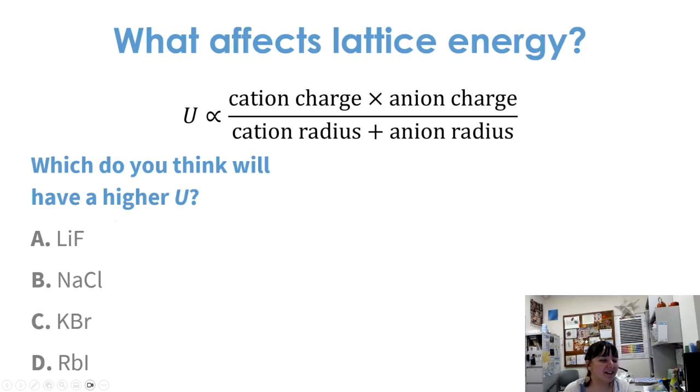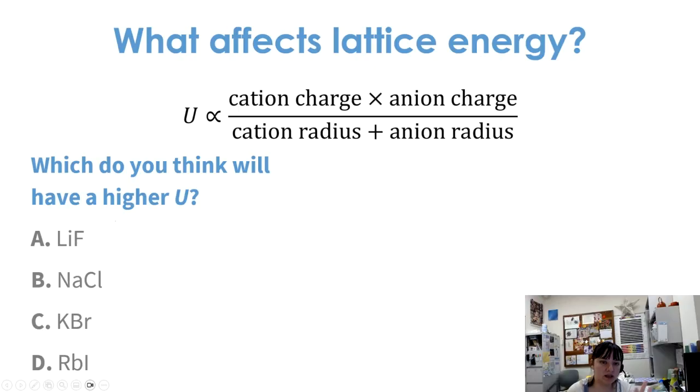All right, looking at these, they all have just +1, -1 charges, pretty boring. So what we need to rely on here is the radius sizes. As we look at our proportionality, what this is saying is that for U, our lattice energy, what would favor a higher U would be a smaller summed radii.